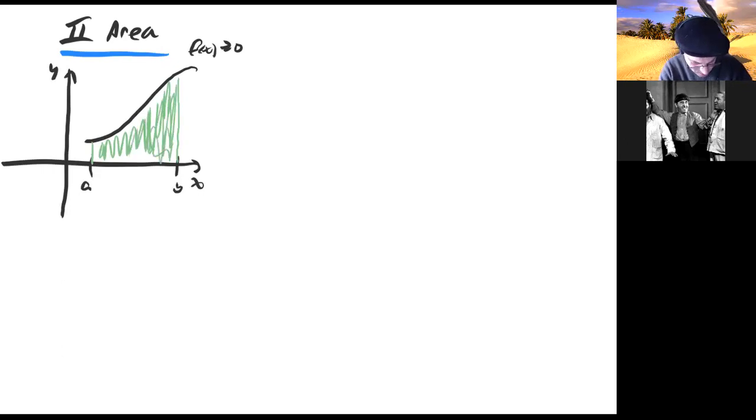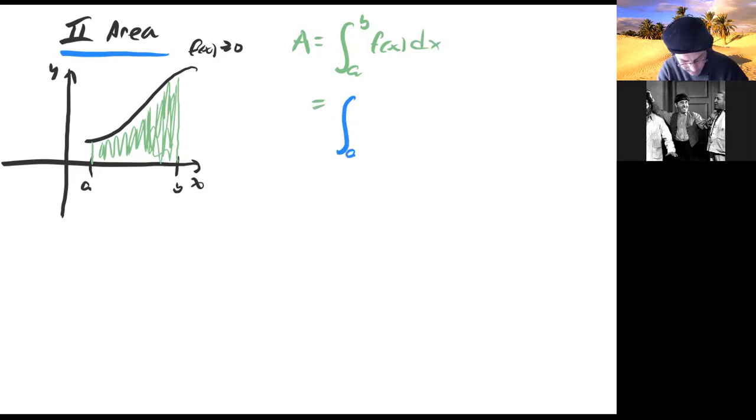The area is given by the integral from a to b of f of x dx. We can think of that as the integral from a to b of y times dx, because f of x is y. Y is thought of as a function of x.